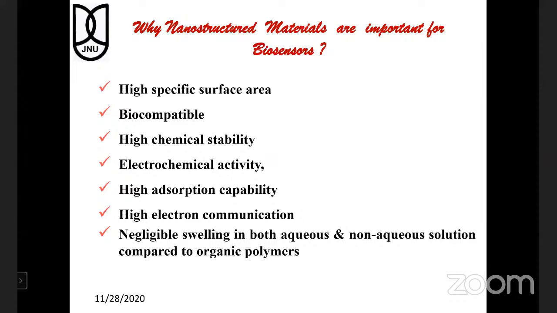We have to keep in mind that these nanomaterials help provide a wide detection range of the analyte, and their sensitivity and stability also increase. So before choosing a nanomaterial, we have to think about which one will be the most suitable, keeping all these biosensing parameters in mind.